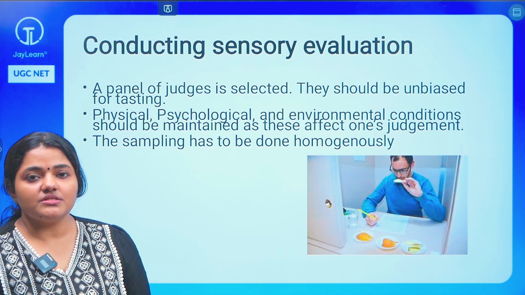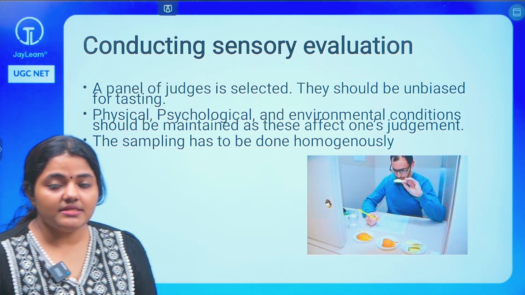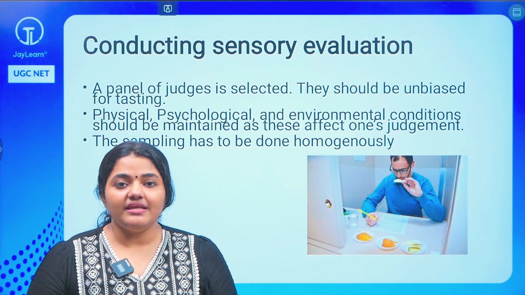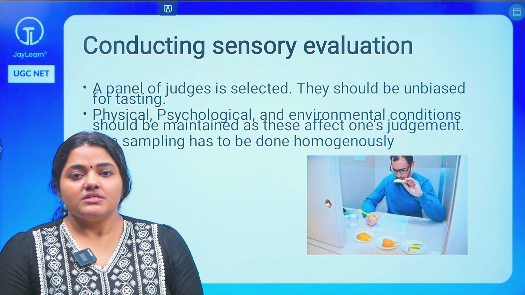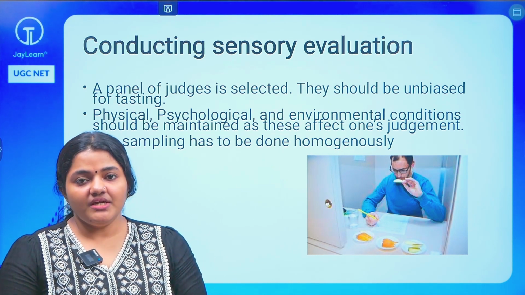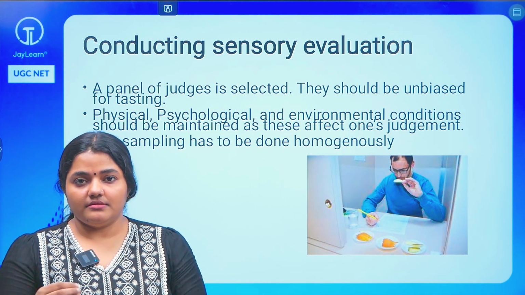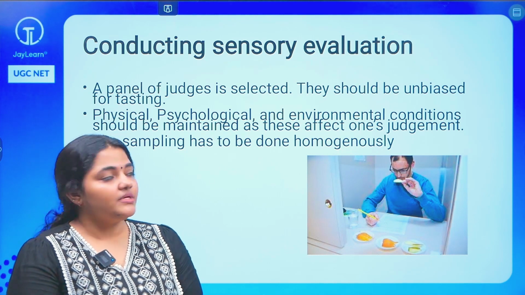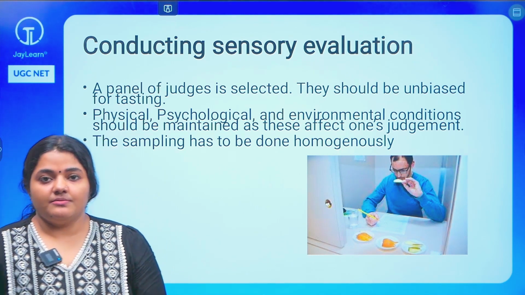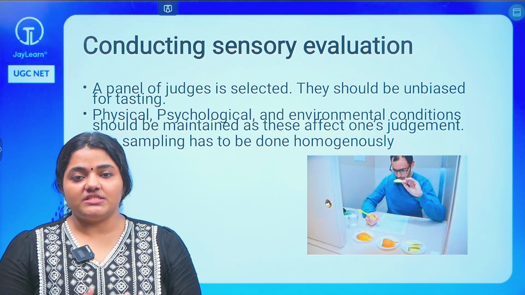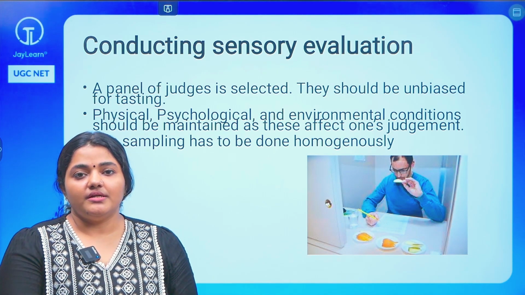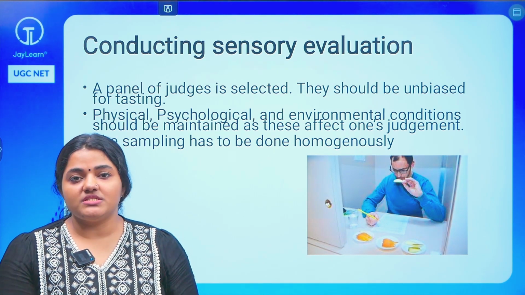Next, looking a little more deeply into sensory evaluation. Sensory evaluation is usually done in industries, by trained panel members. The panel members need to have a certain quality, like they should be unbiased. You can't have a vegetarian evaluate a non-vegetarian food.